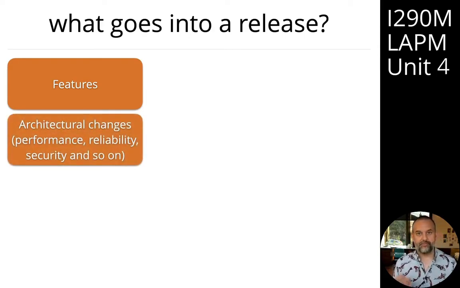You will have to make capacity available for doing architectural work. That means work to improve the performance or reliability or security of your software. And that's not usually considered to be a feature, although many people will argue, I believe correctly, that availability and security are in fact features. But often people don't think of them as features.